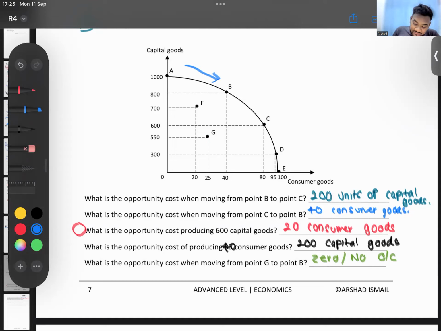So to produce 40 more consumer goods, we have to sacrifice 200 capital goods. So marginal opportunity cost means to produce one more consumer good, how much of capital goods should be sacrificed? For 40, 200. Then for one, how much? That is what marginal opportunity cost is.